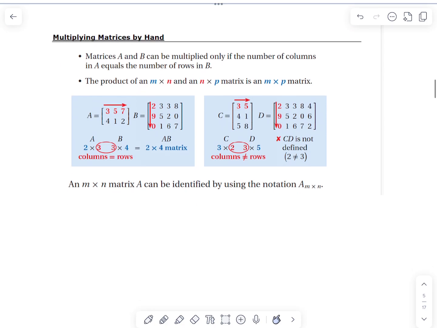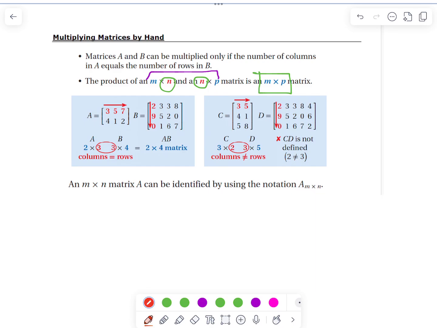Okay, multiplying by hand. When we multiply matrices, we want to make sure that the columns in A equal the rows in B, so that when we're done, the product of M by N and N by P will be M by P. So our N and N are going to be the same, so our final product will be M times P. Here's what I mean.